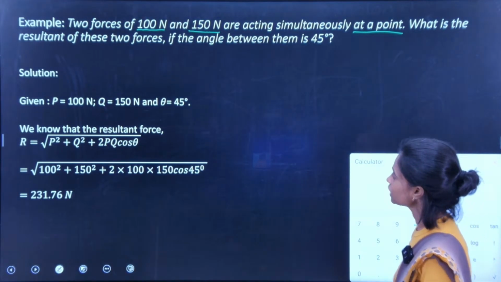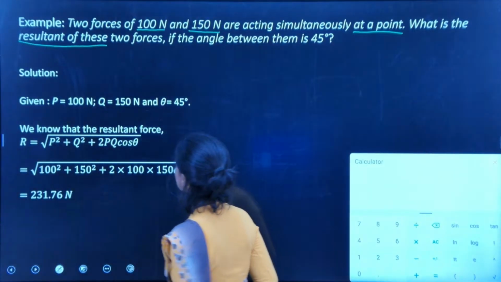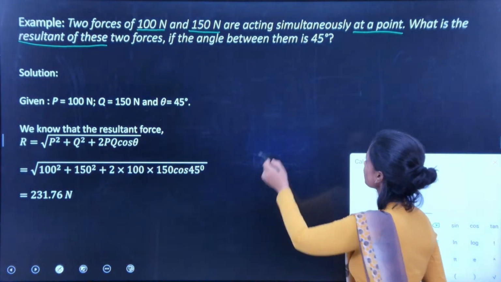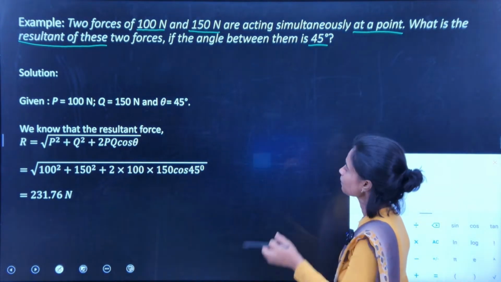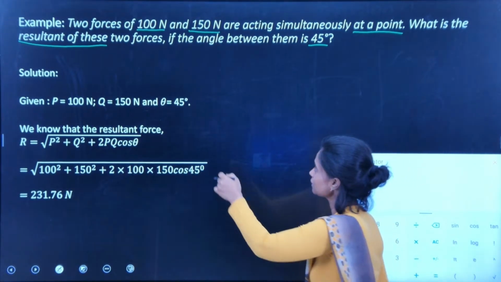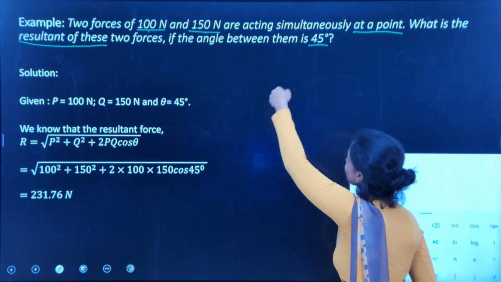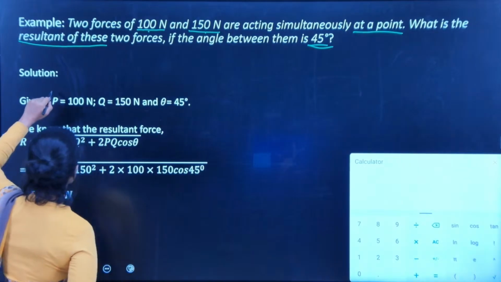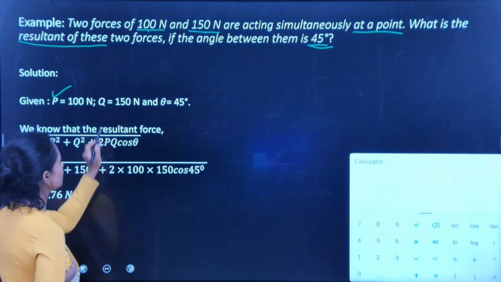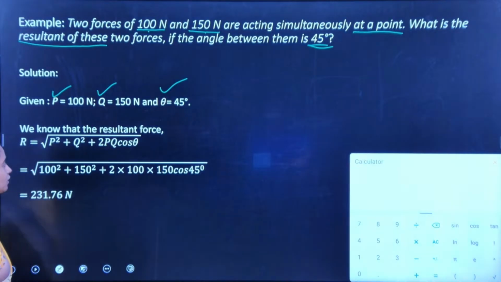Now you are required to find the resultant of these two forces, provided the angle between them is 45 degrees. If we take this as P and this as Q, the angle between P and Q is 45 degree. P is 100 Newton, Q is 150 Newton, and theta is 45 degrees.